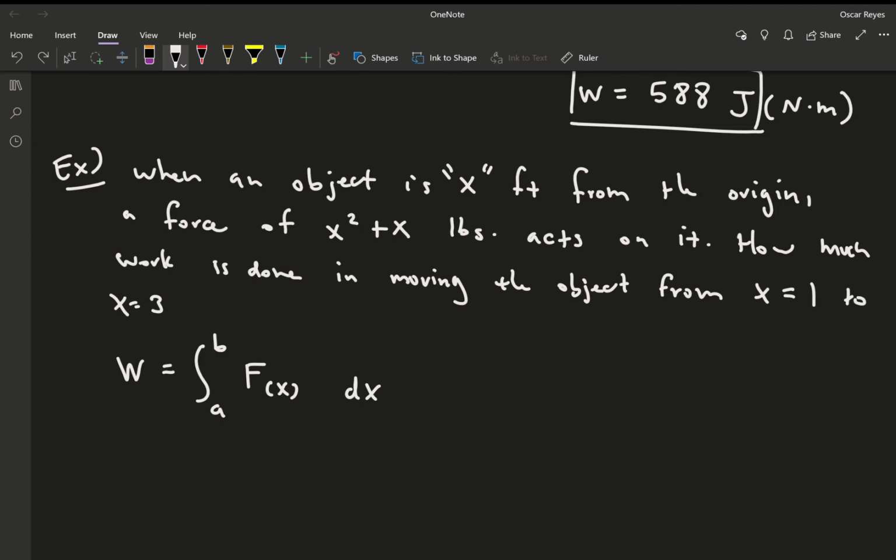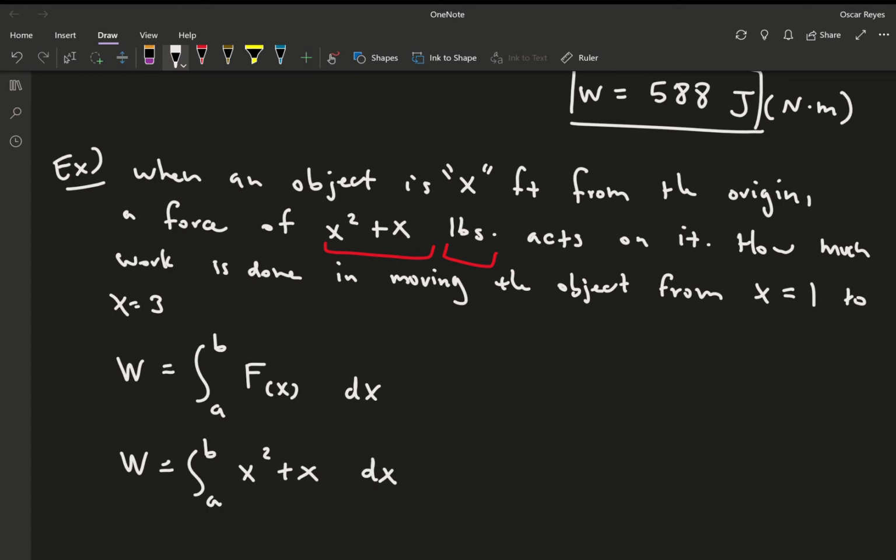In this case, we know that a force is given by this function here. And we know it's a force because it's given in pounds. Pounds means that it's not a mass, it's a weight. When we have a weight, that means acceleration is already taken into consideration. So our work is going to equal the integral from A to B of our function, x squared plus x dx.